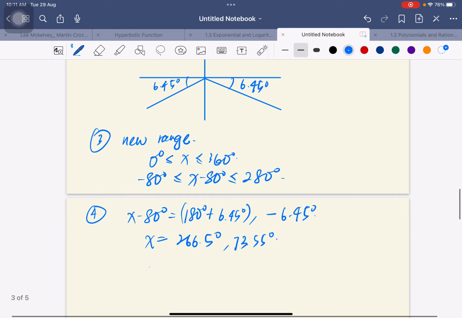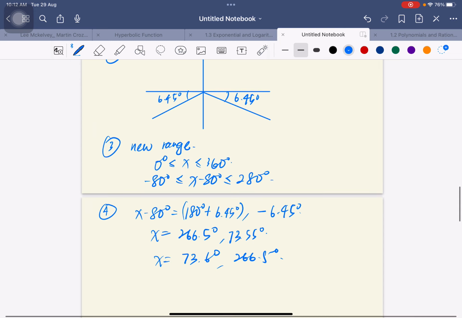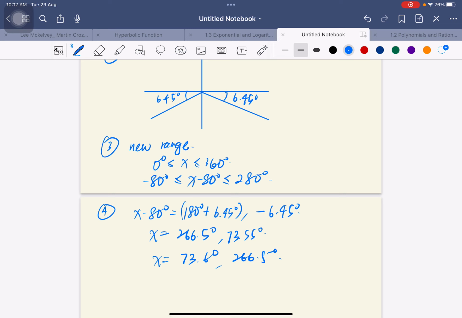Okay, let's just arrange in ascending order. 73, I'll just round off. So this is the solution for this question. This is the value of x that is within the required domain, the required range given.